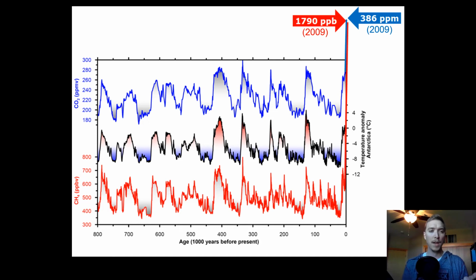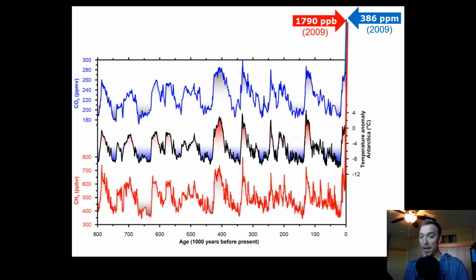Also notice the top graph, the blue graph for carbon dioxide is in parts per million by volume, and the bottom is in parts per billion by volume. So we measure these at different levels relative to how much there should be or is in the atmosphere. So over the past 800,000 years, 800,000 years is how far back this goes.